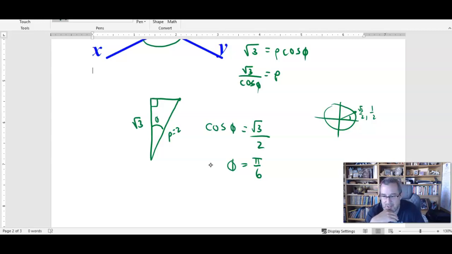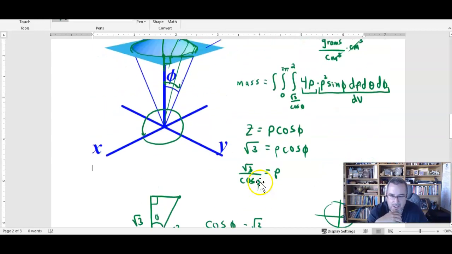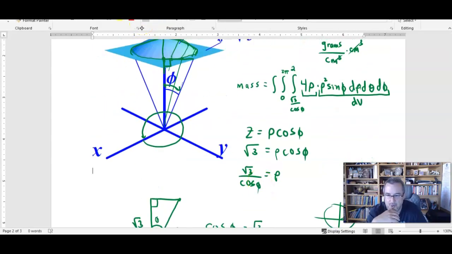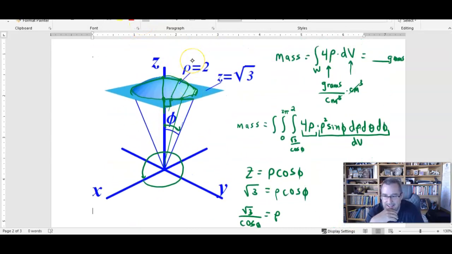And so I know that as we rotate through angle phi to get that cap down here at z equals the square root of 3, that angle is going to run from 0 to pi over 6. And so there it is.